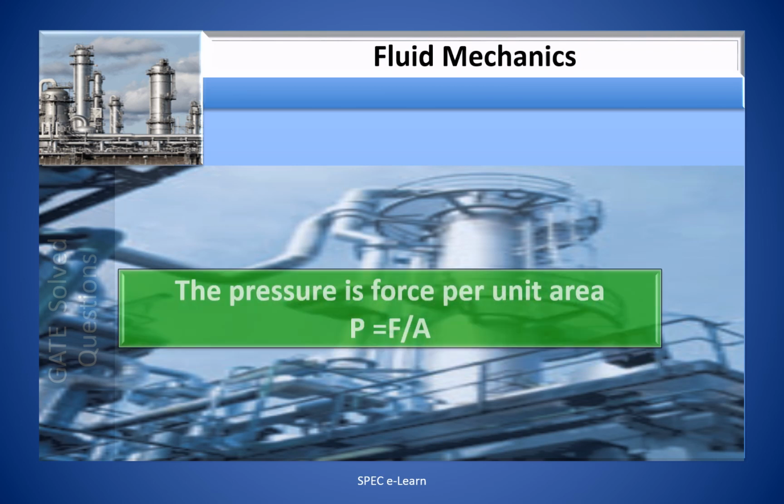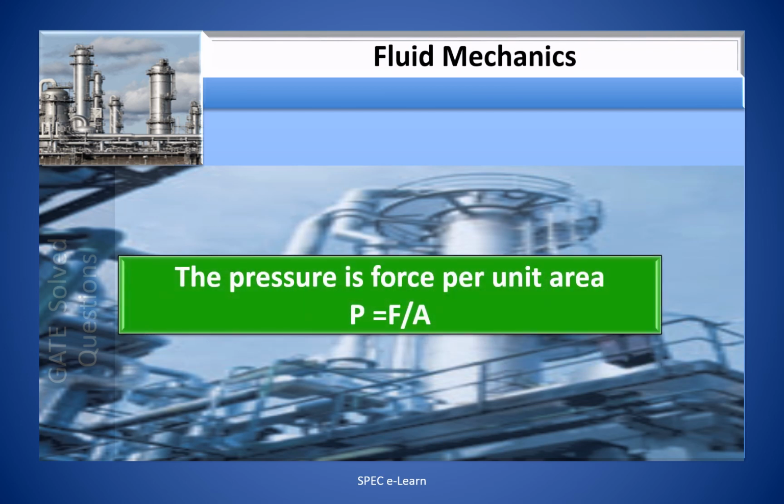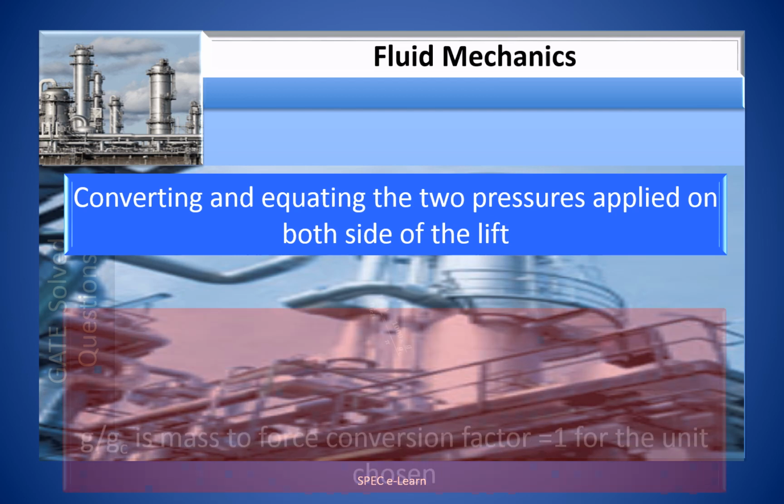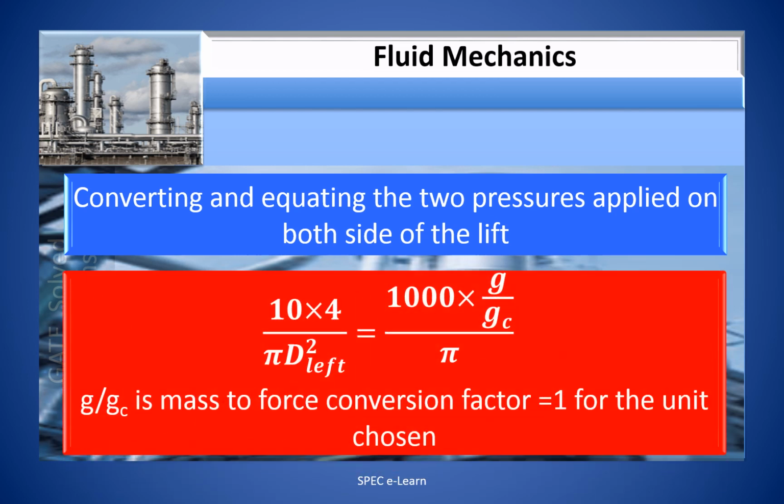The pressure is force per unit area, that is P is equal to F divided by A. Equating the two pressures applied on both sides of the lift, we get 10 times 4 divided by pi d left squared equal to 1000 times g by gc divided by pi. g by gc is the mass to force conversion factor, which is equal to 1 for the units chosen.